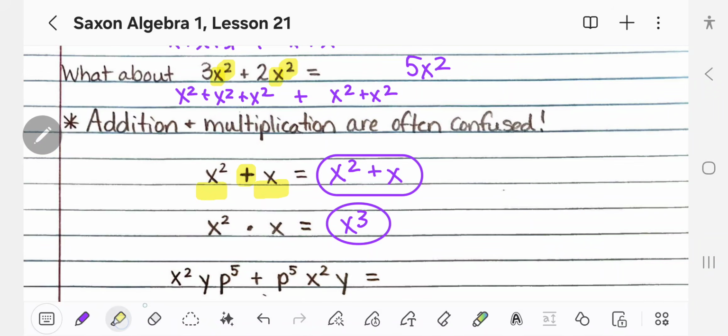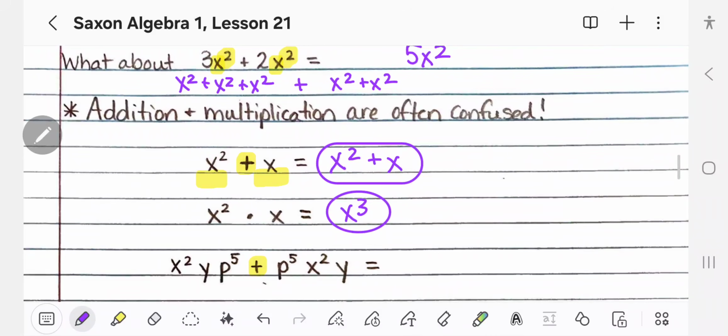Now for this, I do have 2 different terms. They're separated by plus signs. Let's look at the variables. I've got an x squared, a y, and a p to the 5th. So these are like terms, and I can add them. How many of these do I have? Well, there's nothing in front of it, so there's just 1. How many of these do I have? Nothing in front of it, so 1.